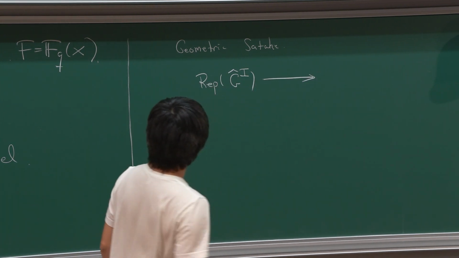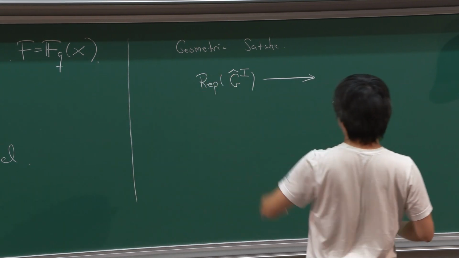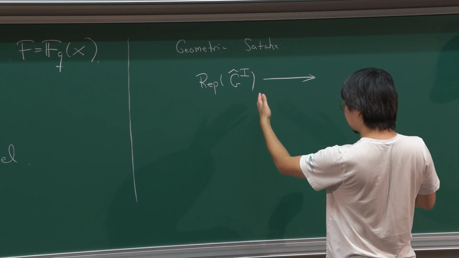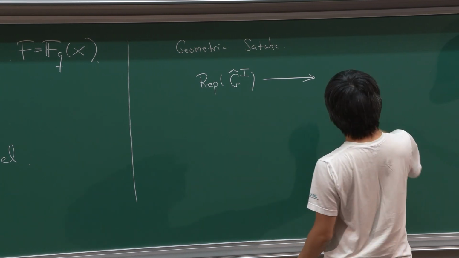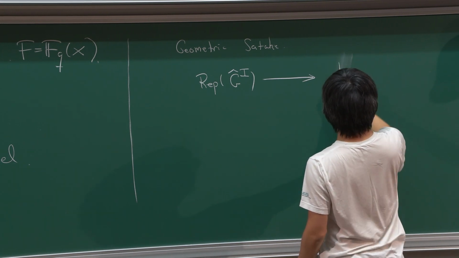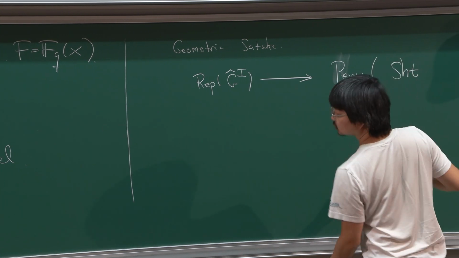So it produces an additive functor between abelian categories to sheaves of perverse sheaves on this stack of Shtukas.